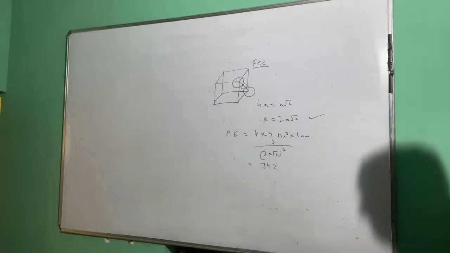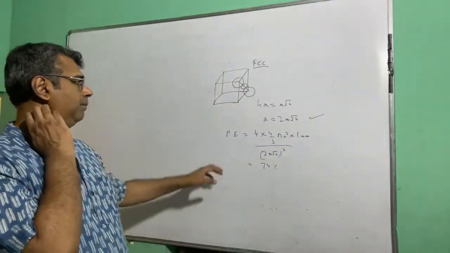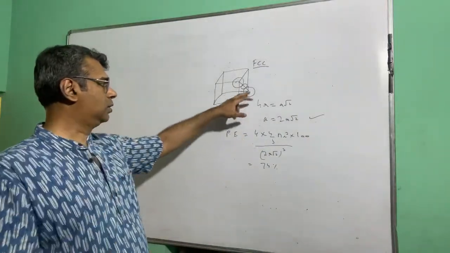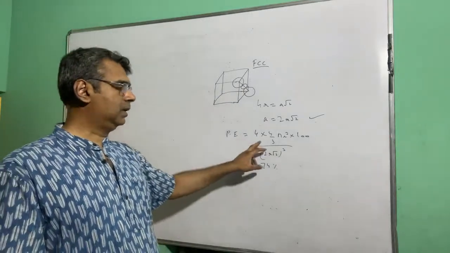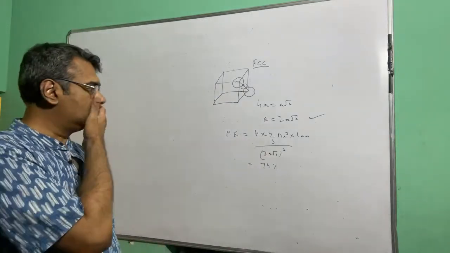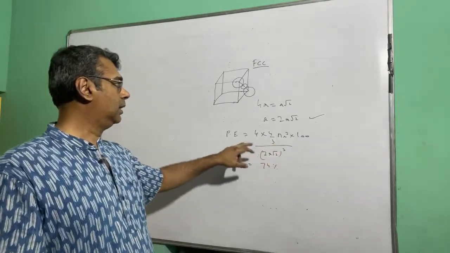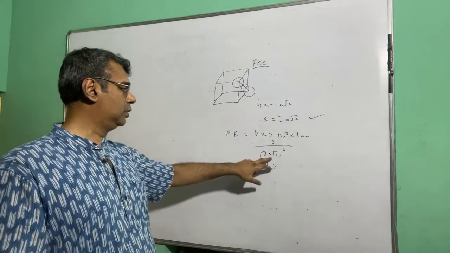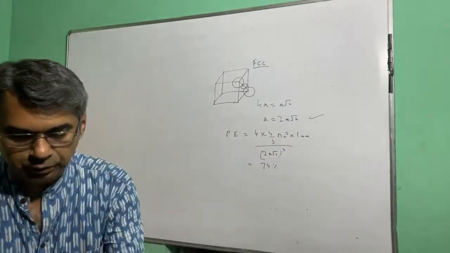So, it is FCC, so there will be 4 particles in a unit cell. So the total volume will be 4 into 4/3 pi r cube divided by the volume of the whole cube, which is 2r root 2 whole cube, into 100. So that is coming to 74%.